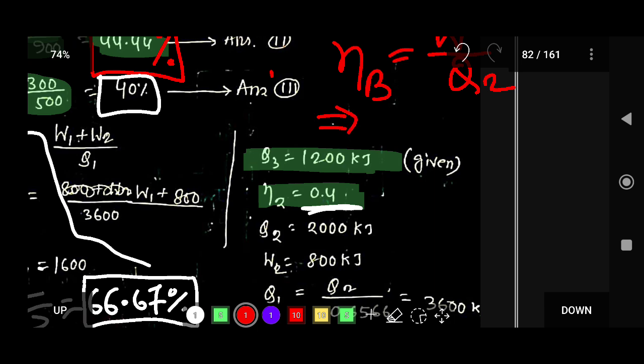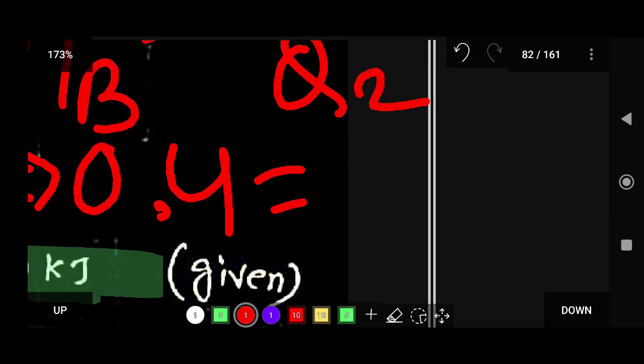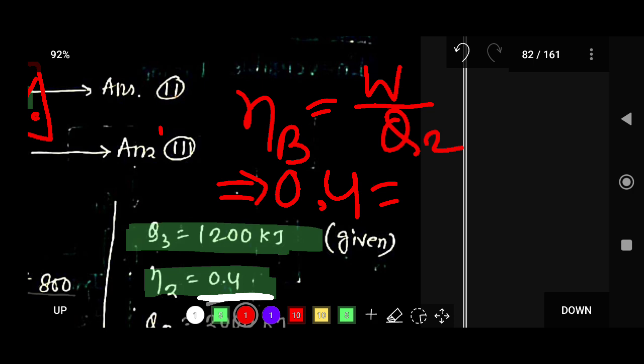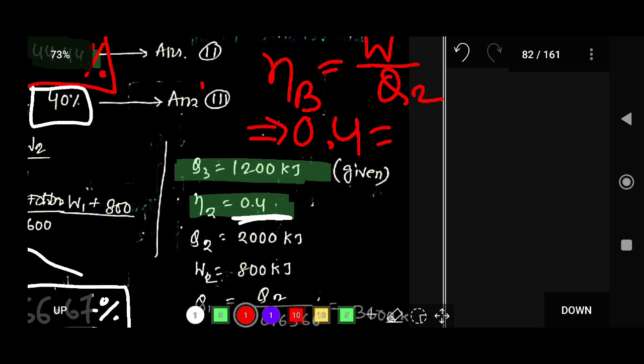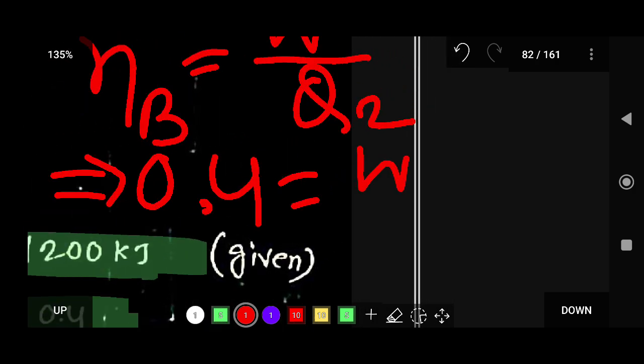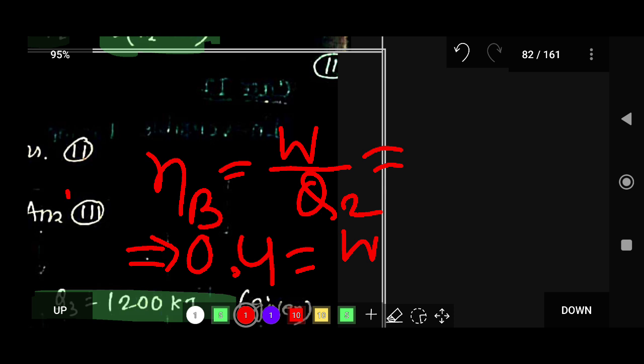So from here, efficiency of B is given as 0.4, that is equal to W by Q2, which is 1 minus 300 by 500.